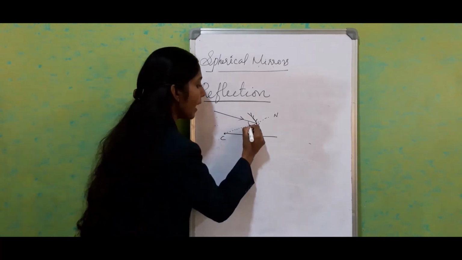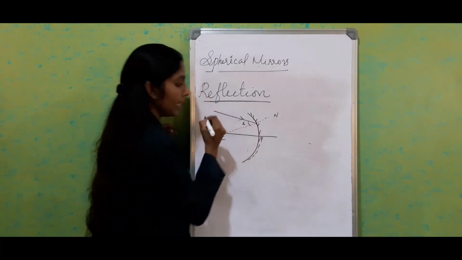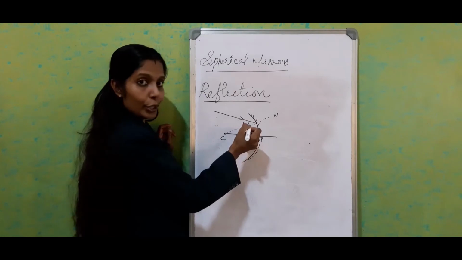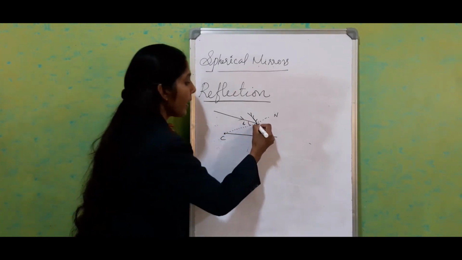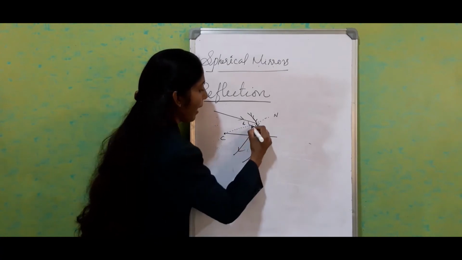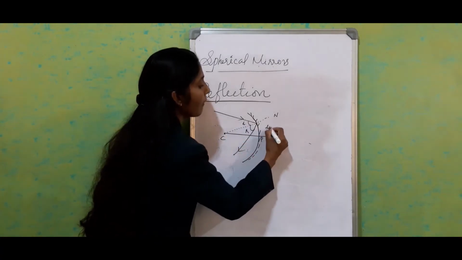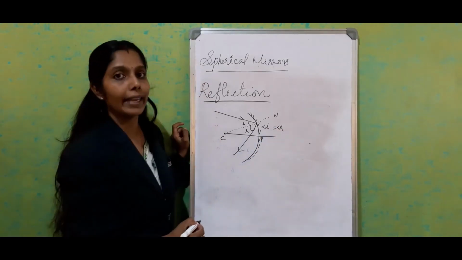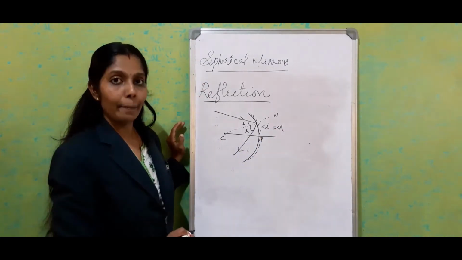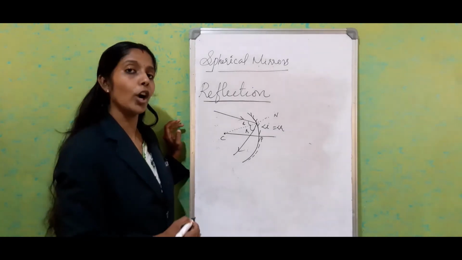If this is the incident angle I, the same angle should be made with this normal, and the ray has to reflect back. So these two angles will be equal. Angle I will be equal to angle R. So this is what happens in the case of concave and convex mirrors.